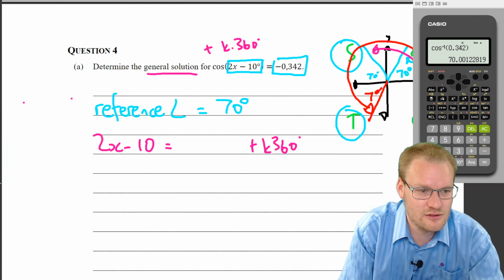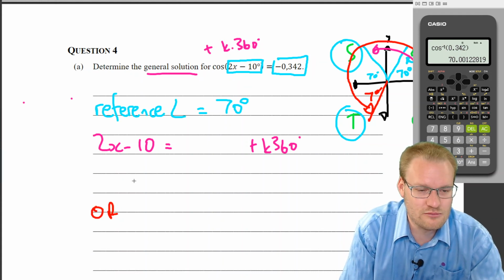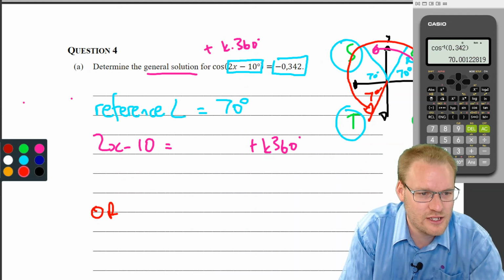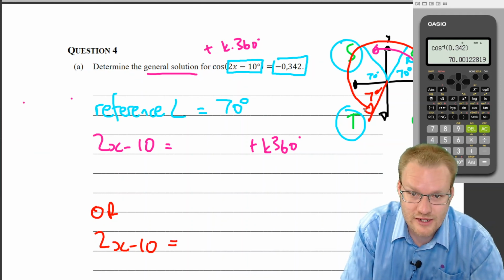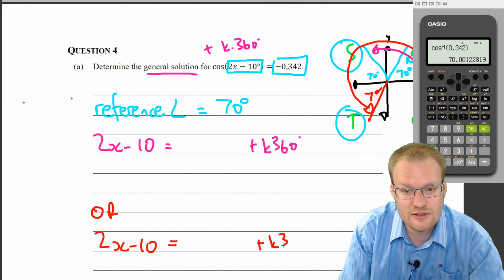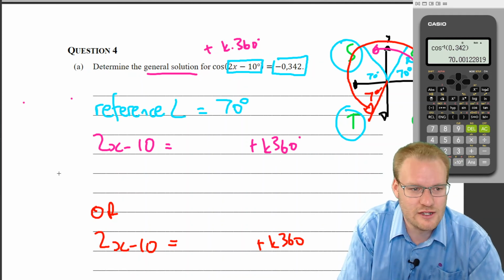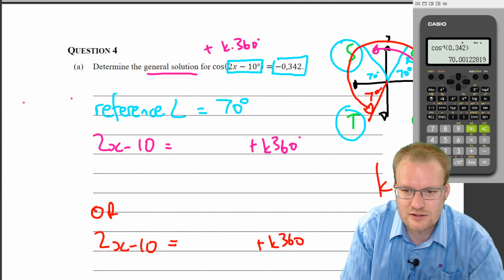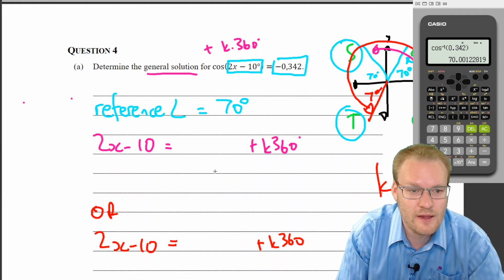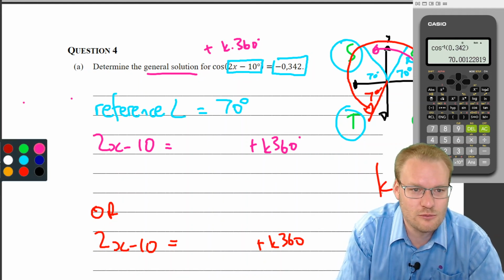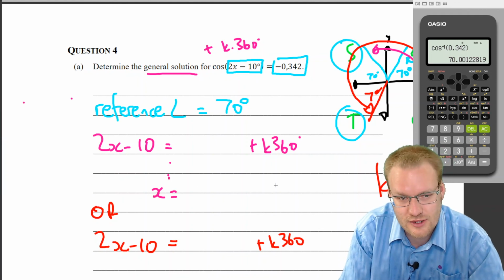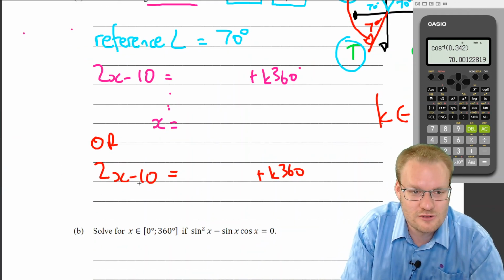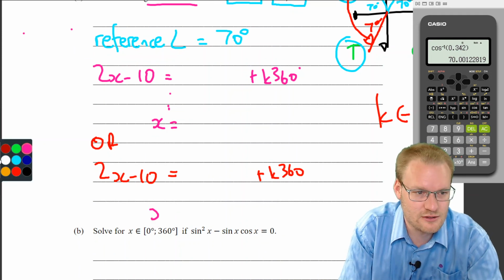And the other option, I'm just going to write or down here so that we can solve our equation in that space. And the other one was in red, or 2x minus 10 equals whatever that angle is, plus k360, and in each of these cases, k is an integer, and remember we want to find what x is, so just do some steps so that you have x equals whatever it equals, and in this case x equals whatever it equals.